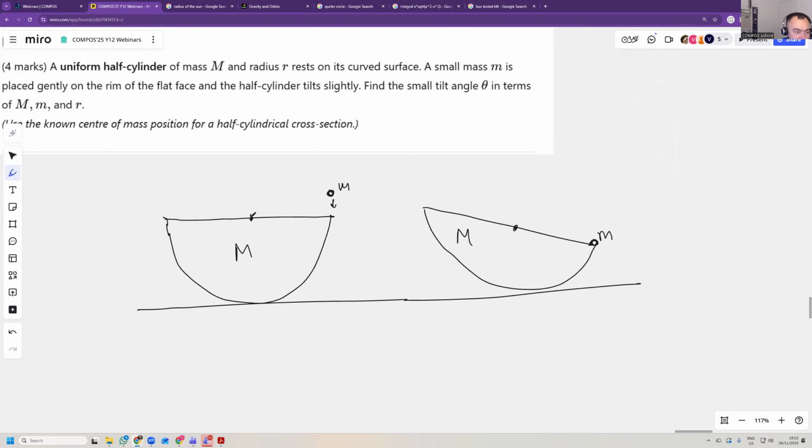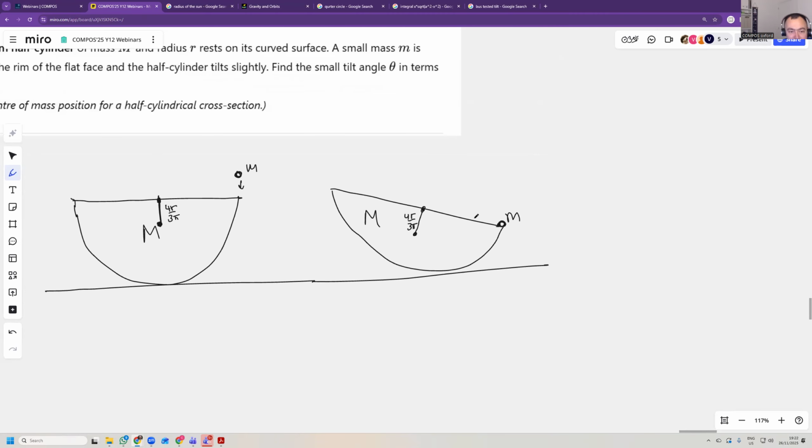Well, first of all, we want to know where the center of mass is. We already know that the center of mass is 4r over 3 pi distance away. So we draw the center of mass, 4r over 3 pi away. And this mass is just at distance r.